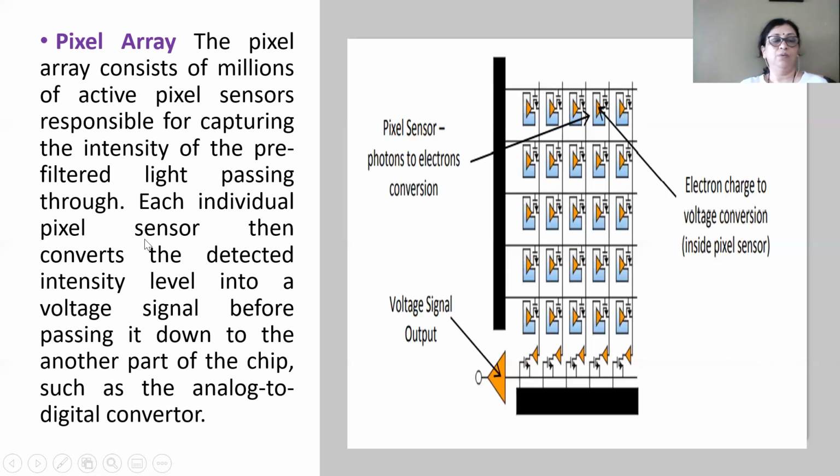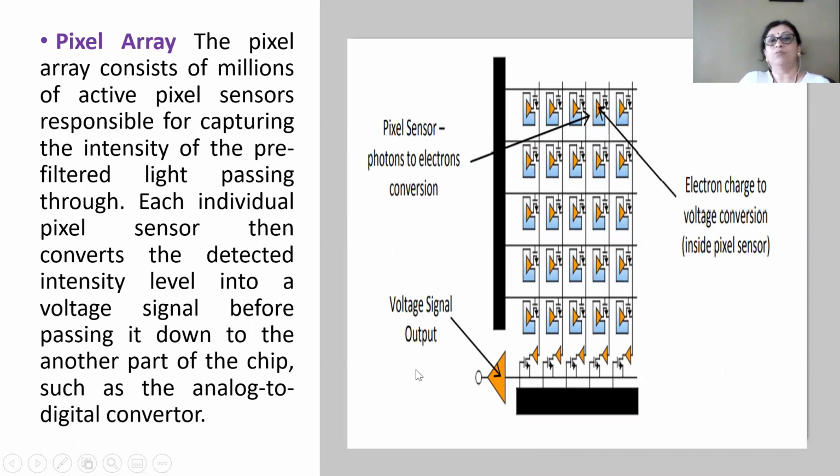Now each individual pixel sensor converts the intensity level into a voltage signal before passing it down to another part of the chip, such as the analog to digital converter. So here the difference lies between CCD and CMOS. In case of CCD, the charge is passed, but in this case, voltage is passed.